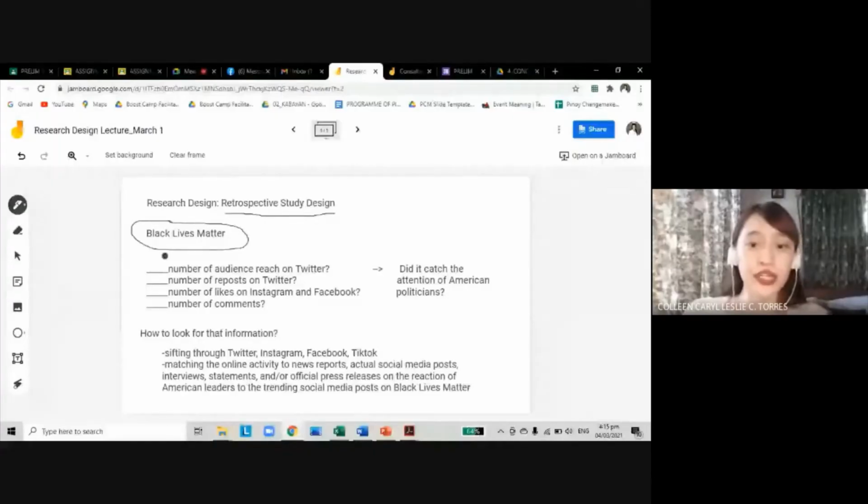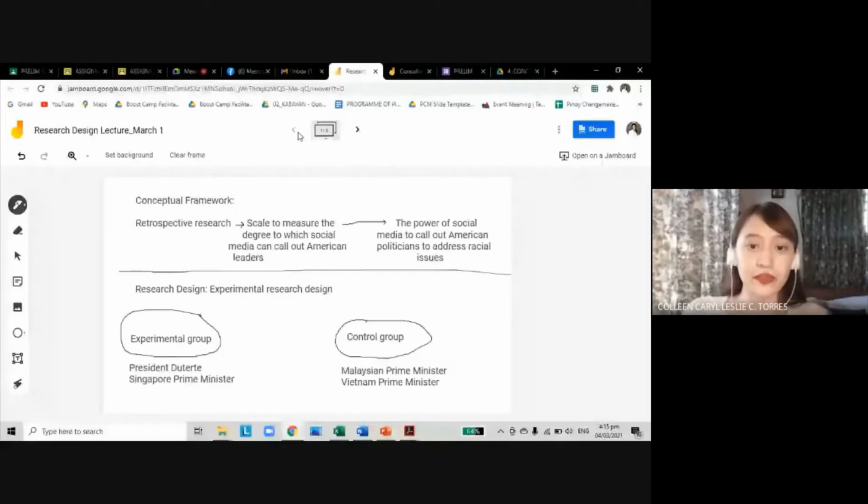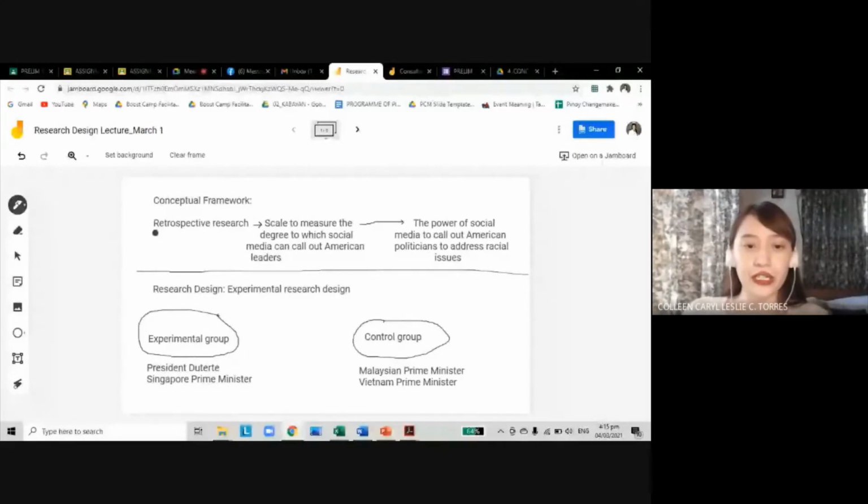So how effective were social media posts in catching the attention of American politicians and in spurring them to take action on those issues? We found that a retrospective design is more practical here, because we will be able to study a past event.